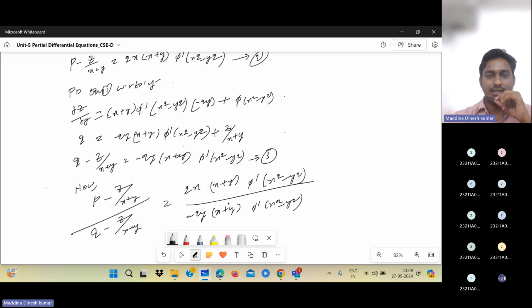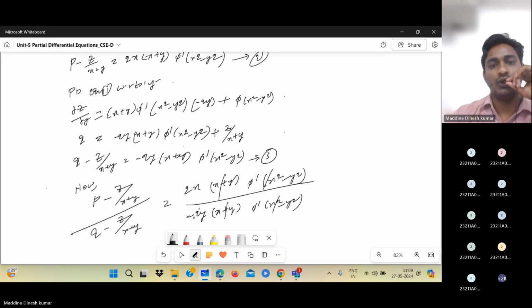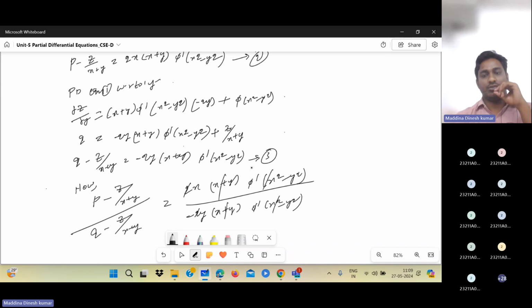Okay. So this x plus y will vanish out. The pi dash function will vanish out. Next this 2 also will vanish out. Okay.